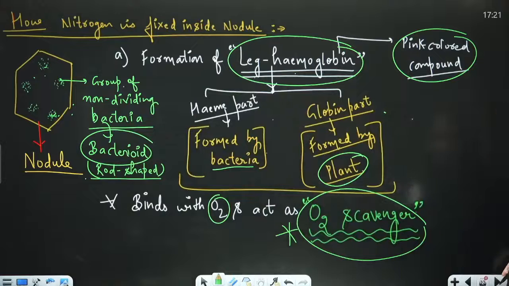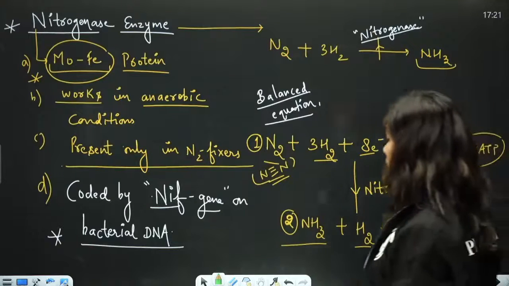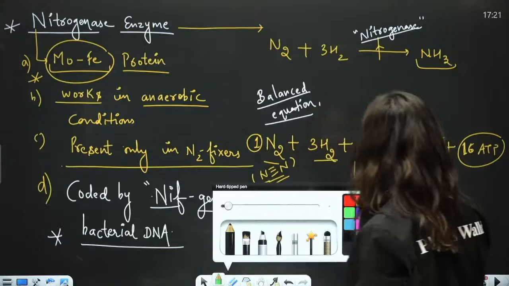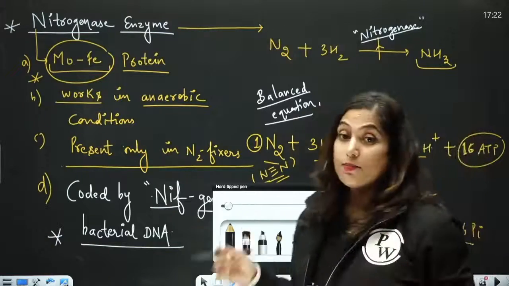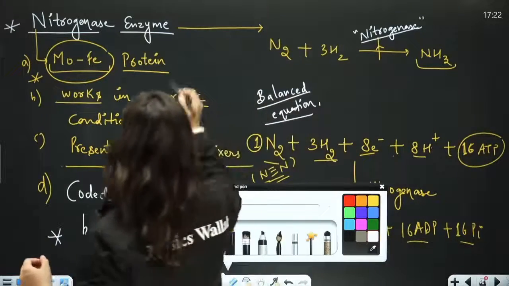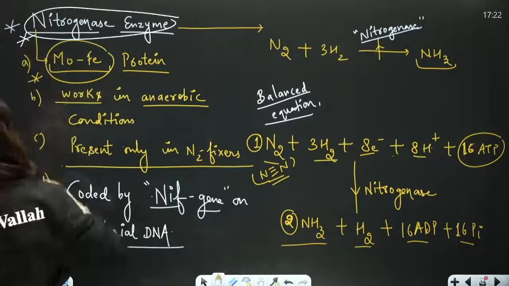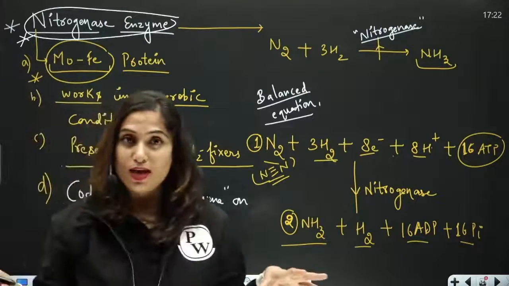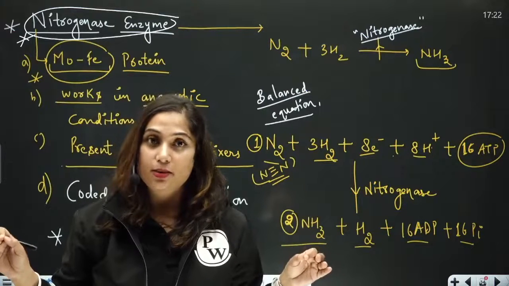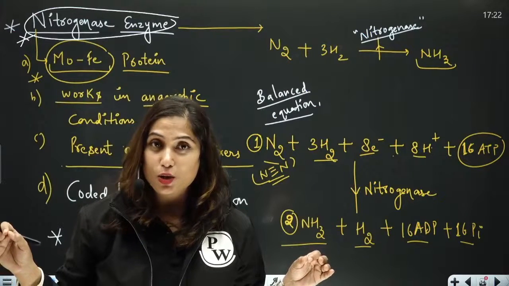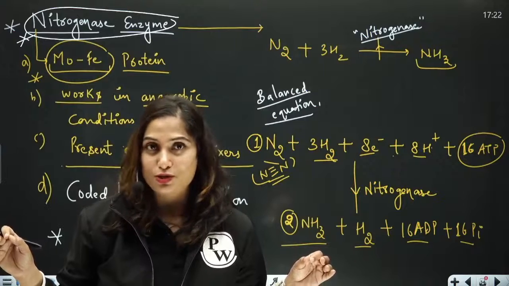Okay, so now what will happen next? Now the bacteria will synthesize an enzyme. The bacteria will synthesize an enzyme called as nitrogenase enzyme in the root nodule, and this nitrogenase enzyme can properly function only in the absence of oxygen.